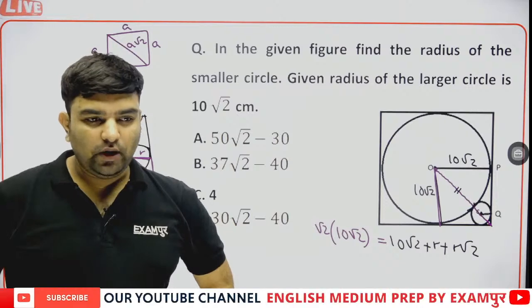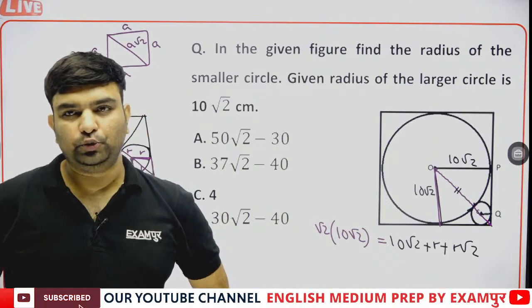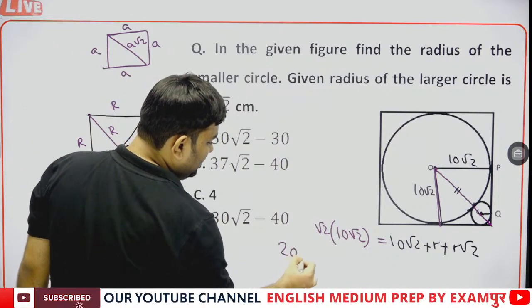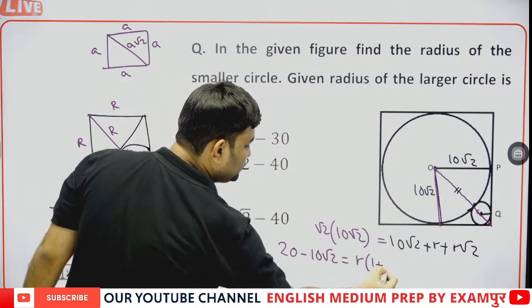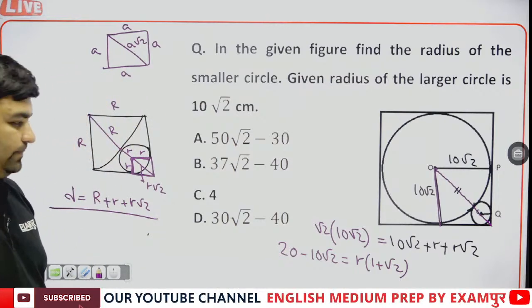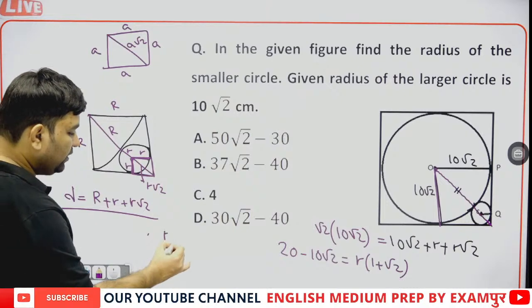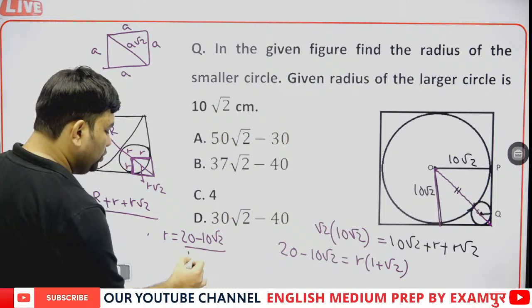So root 2 times 10 root 2 is equal to 10 root 2 plus r plus 10 root 2. So 20 minus 10 root 2 is equal to r times 1 plus root 2. So r comes out to be 20 minus 10 root 2 upon root 2 plus 1.